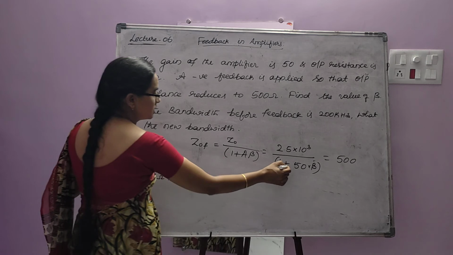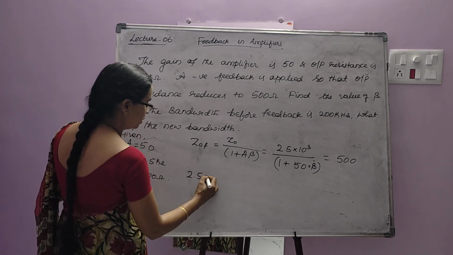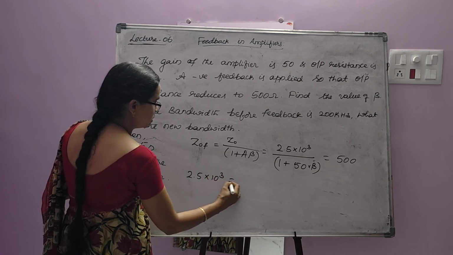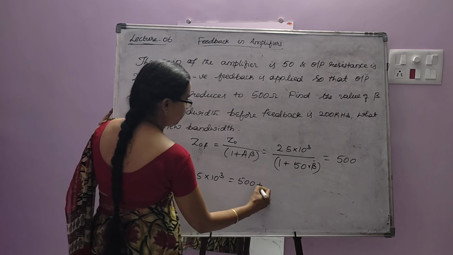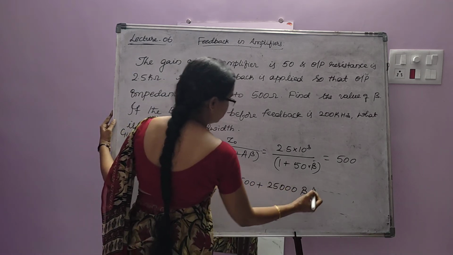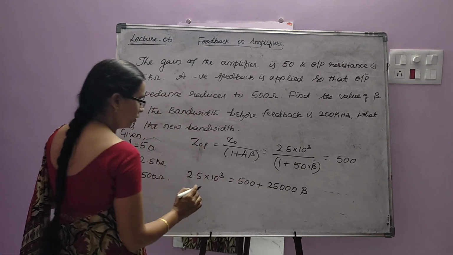So this can be written as 2.5 into 10 to the power of 3 is equal to 500 plus 25,000 beta, or 25 into 10 to the power of 3 you can write.